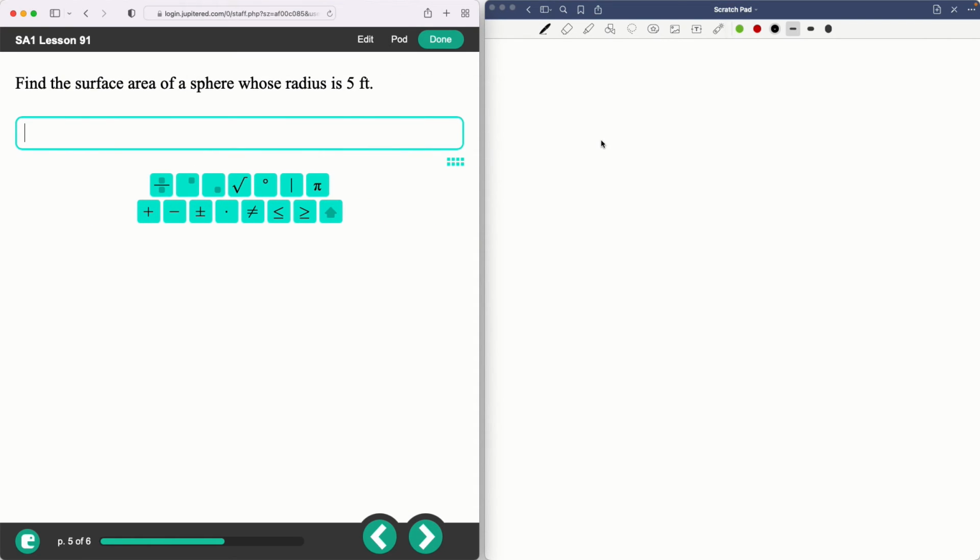Find the surface area of a sphere whose radius is 5 feet. All right, so the surface area is 4 times pi r squared, because area is two-dimensional, right? Here's the difference. The surface area of a sphere is this, and the volume of a sphere is this.